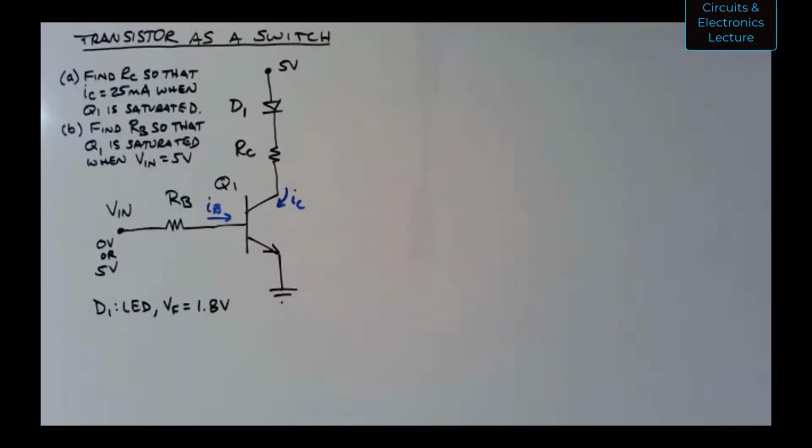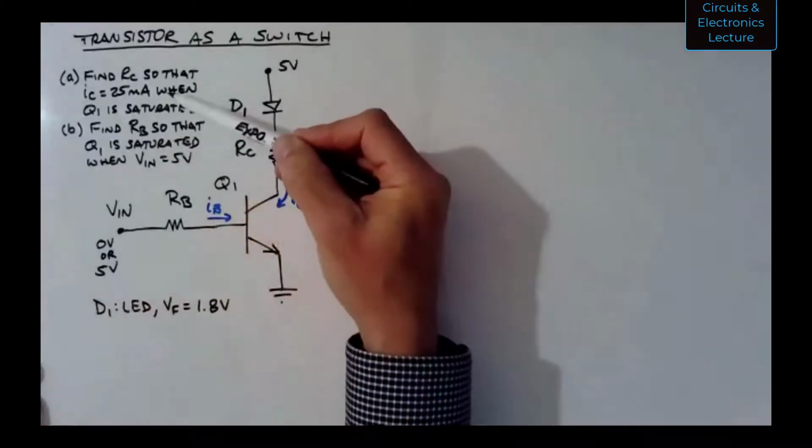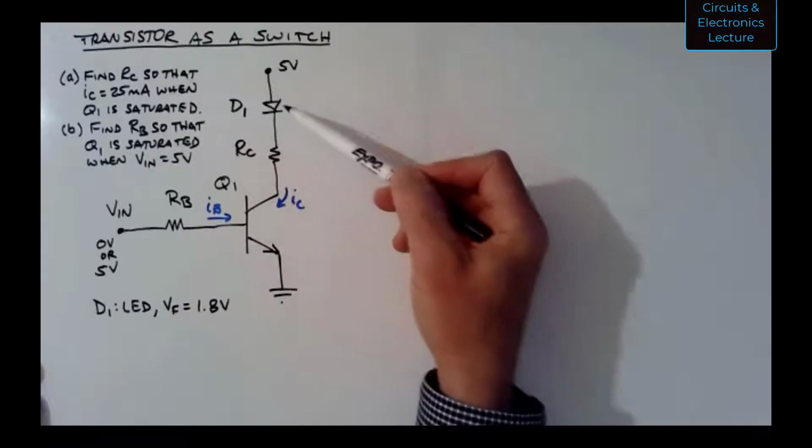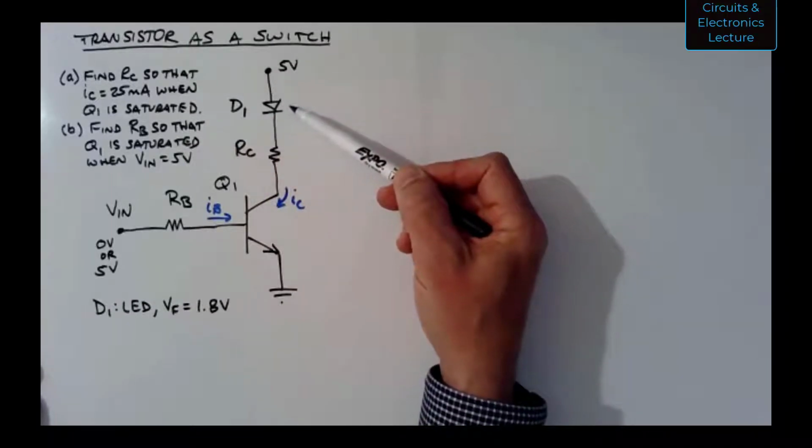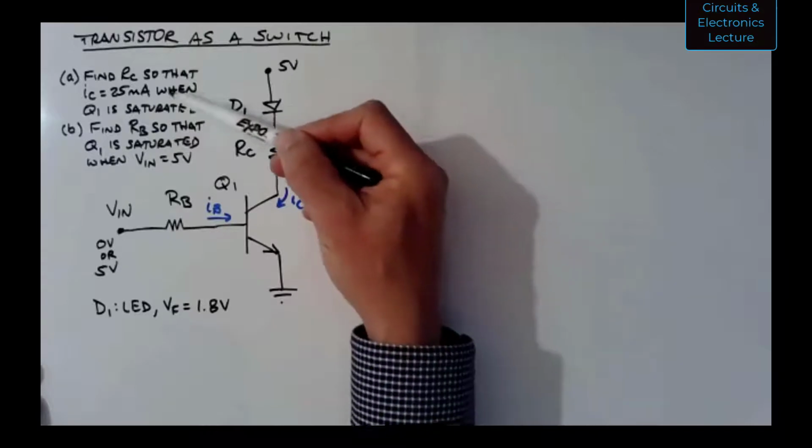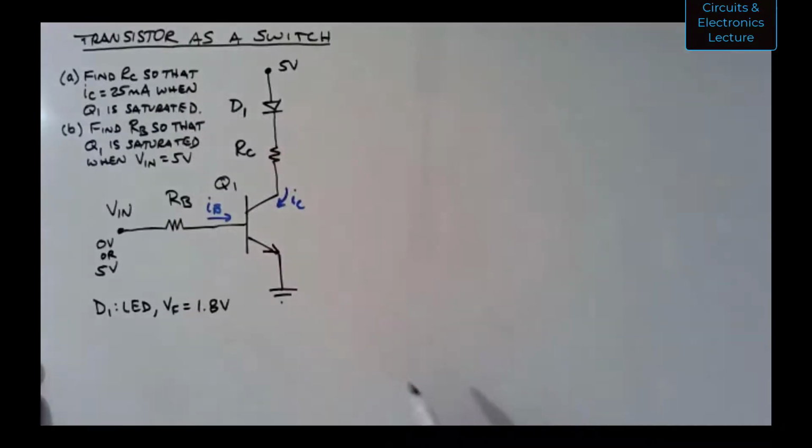So in this case, you look at the LED data sheet. This is probably a red LED. And you would see that when there's 25 milliamps flowing through this diode, you have about 1.8 volts forward voltage. So that's where this 25 milliamps comes from. The LED data sheet might say this LED is designed such that it's at full brightness at 25 milliamps.